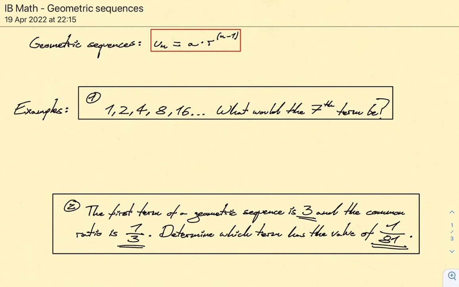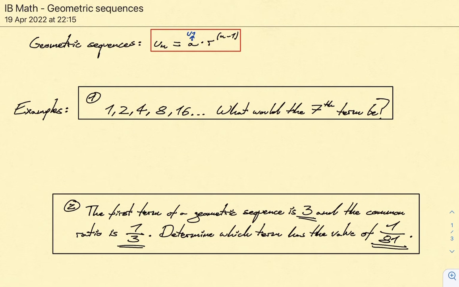You might already be familiar with this from our previous video on arithmetic sequences: the nth term, a specific term in our sequence, so it might be the third term, the fourth term, the fifth term, the 11th term, will be equal to a, which is again our first term in the sequence. Remember, this can also be written as u1.